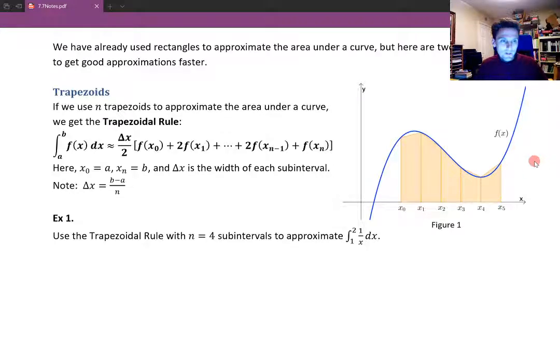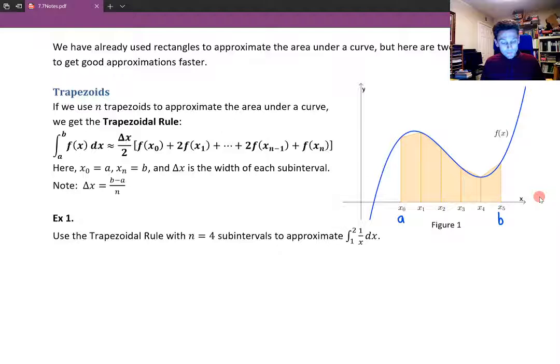Looking at figure 1, we've got some random f of x curve, and we're looking at the interval from x sub 0 to x sub 5. That's typically our a to b, so I'll go ahead and label x sub 0 as a and x sub 5 as b.